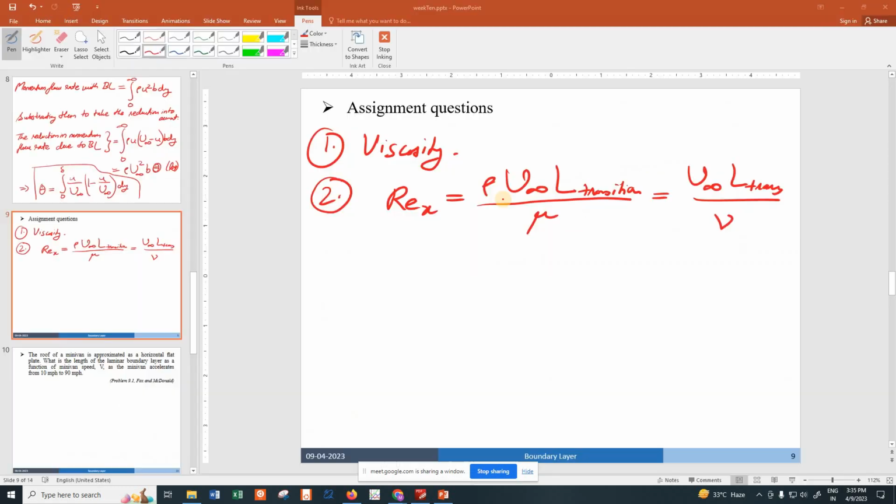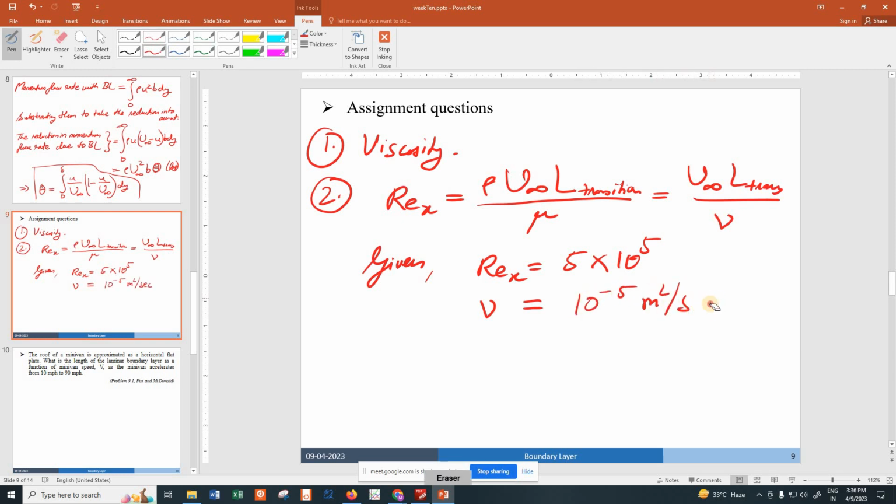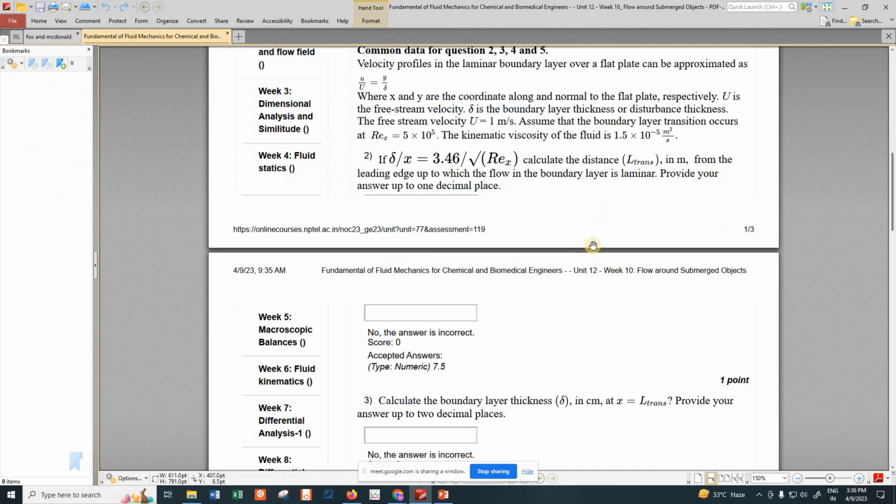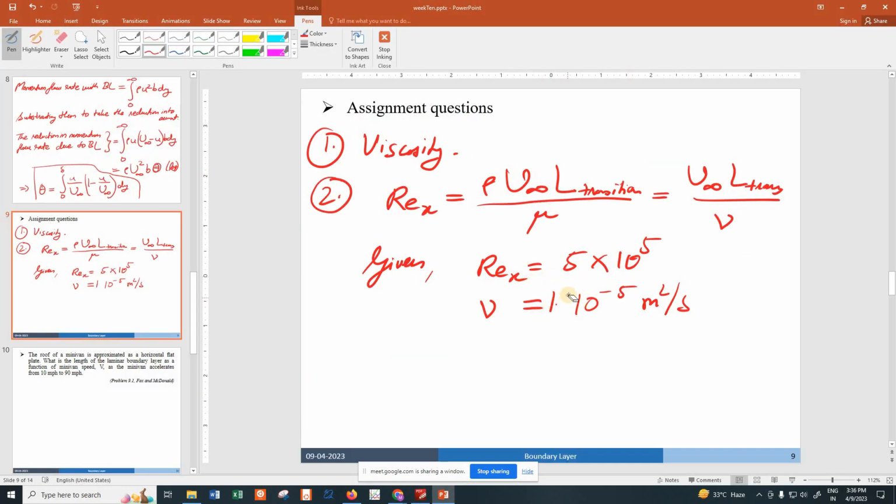The transition occurs at Rex equal to 5 into 10 to the power 5, and kinematic viscosity is 1.5 into 10 to the power minus 5 meter square per second.